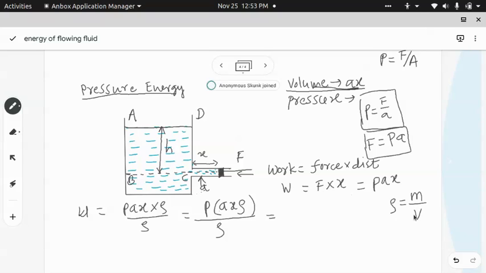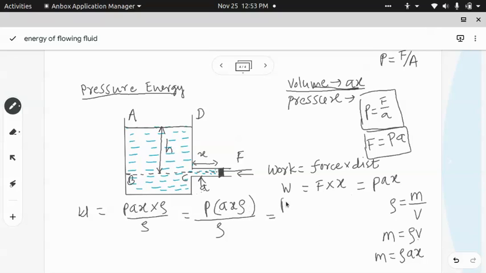If you take this term to this side, mass equal to rho into volume, right? And here volume is A into x. Let us put that value of V here. So mass equal to rho into A into x, right? So this whole term, rho A x, you can put as m.